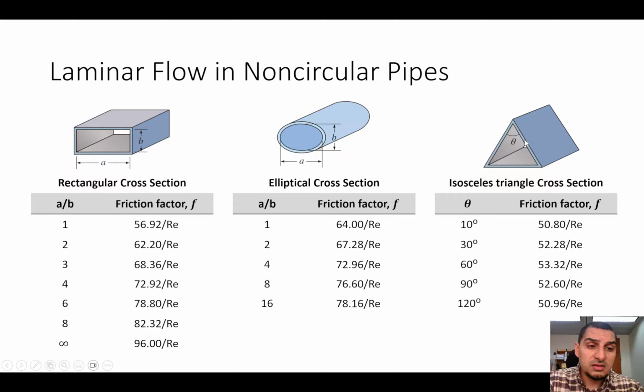And for a triangular cross-sectional area, if it's an isosceles triangle, then it depends on this angle, so we know the values for 10, 30, 60, 90, and so on. So it's just a table that you get data from. It's as simple as this.